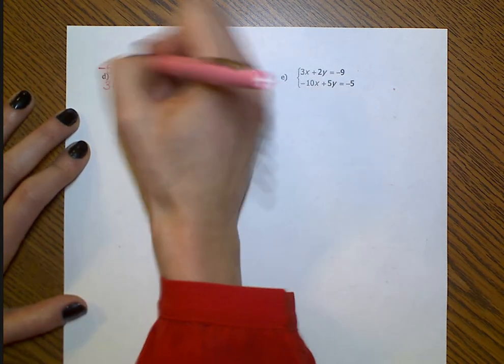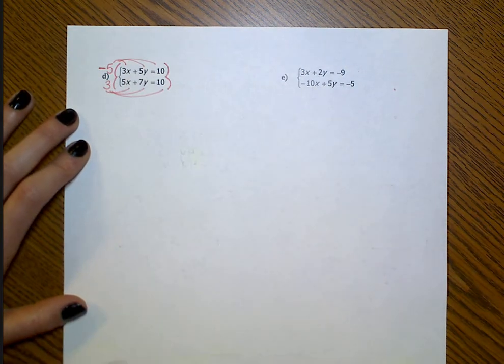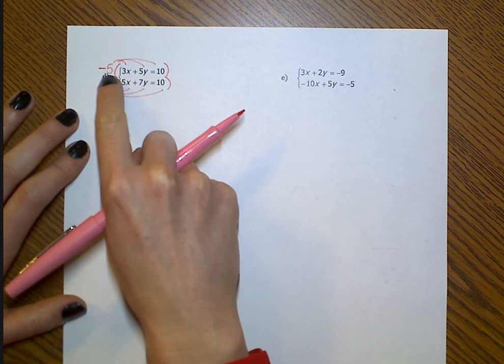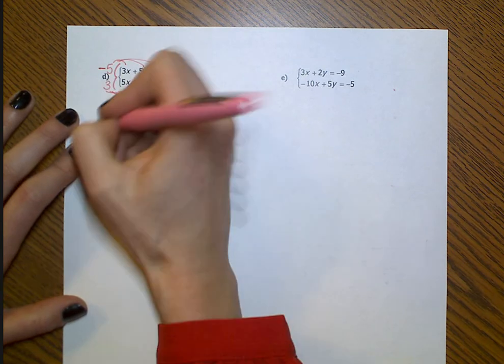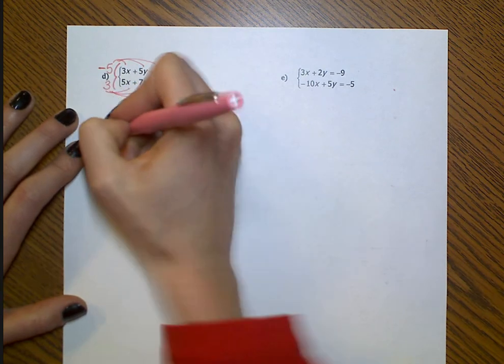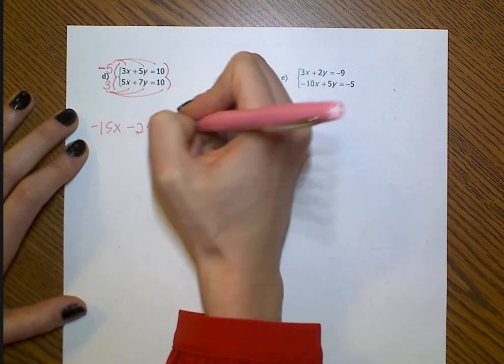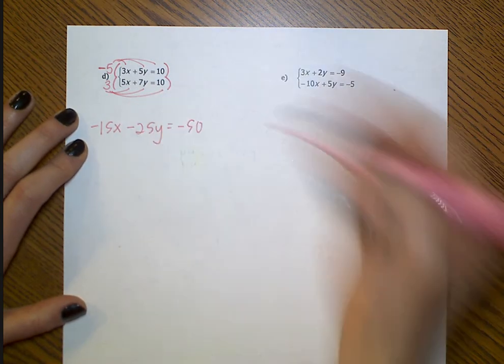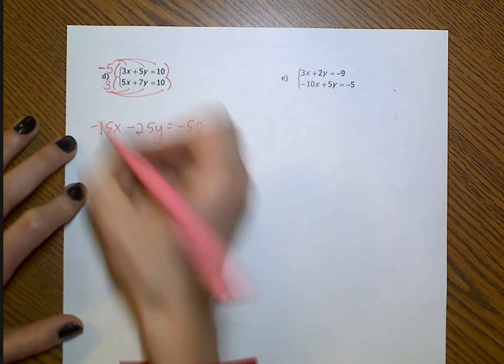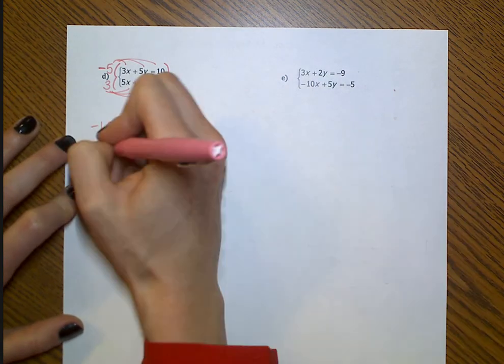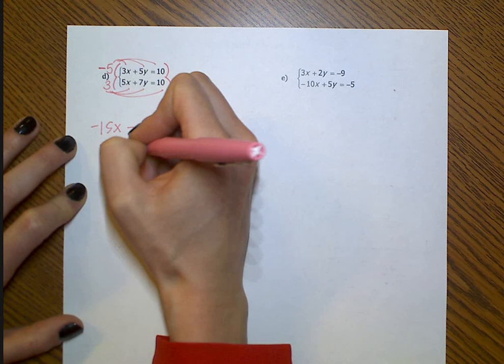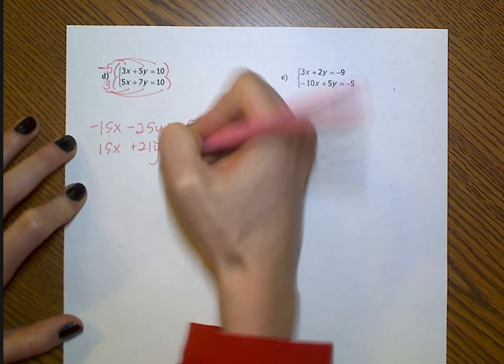Okay, so I need to distribute and multiply everything by something. So the top equation, when I distribute -5, is going to give me -15x minus 25y equals -50. In the bottom equation, I'm going to get positive 15x plus 21y equals 30.